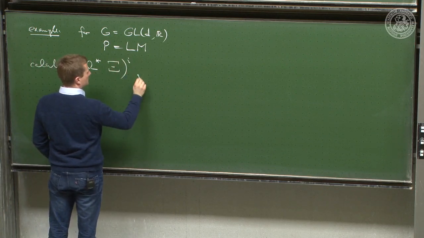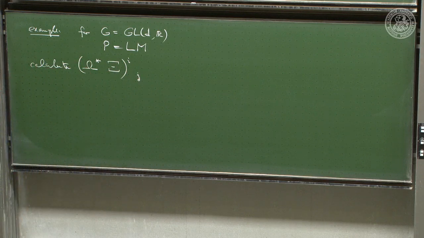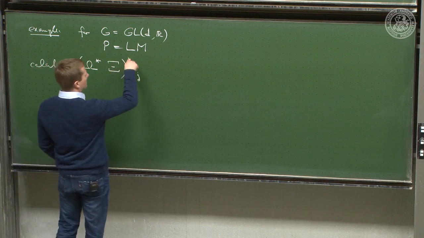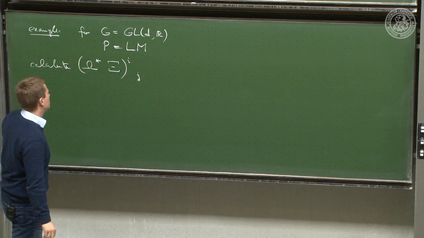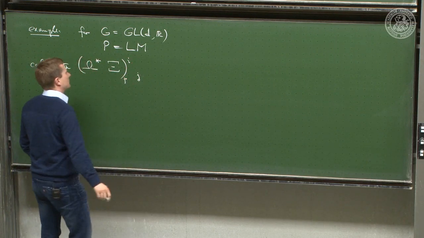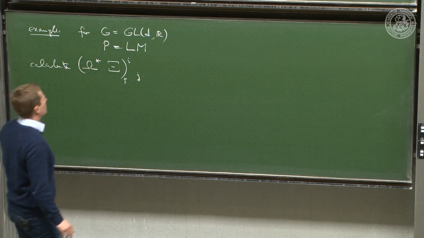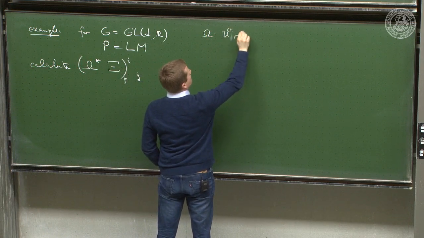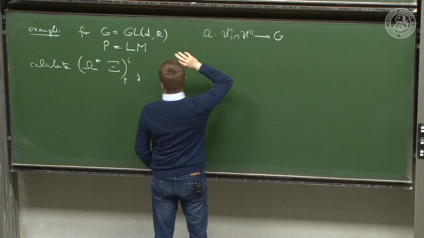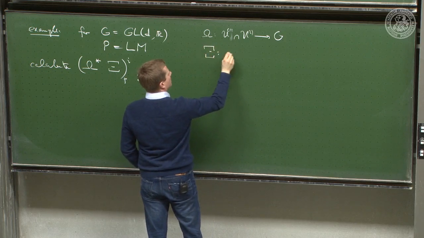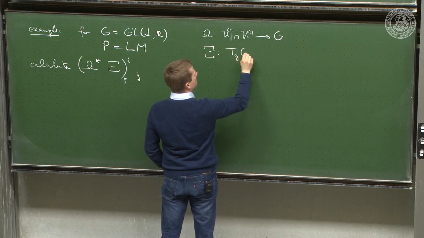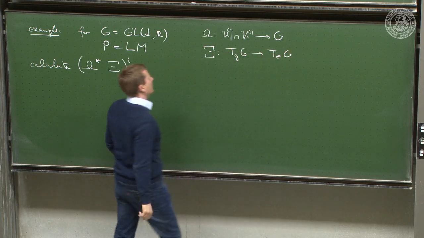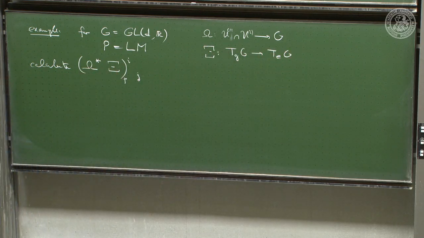Of course, the result will again have these indices because the Maurer-Cartan form is Lie algebra valued. So we have this, and we do this at the point P. And we remember that the omega itself goes from U1 intersected U2 into the group, and the Maurer-Cartan form takes you from T_G G to T_e G in the fashion described before. Okay, so how do we do this?